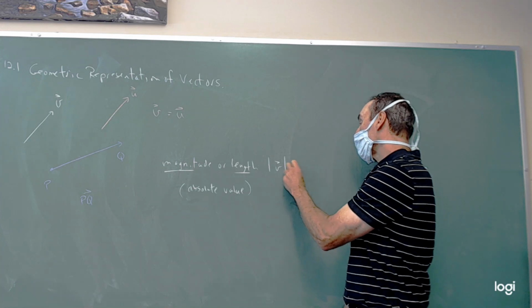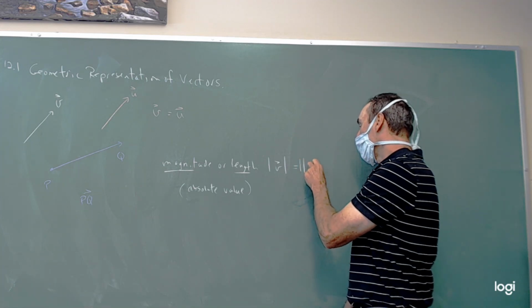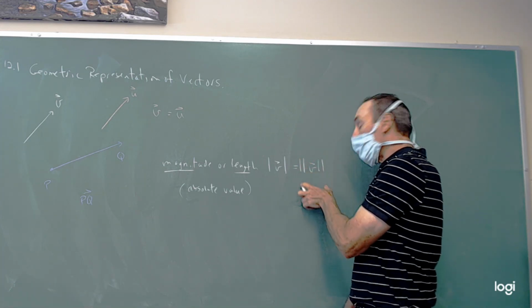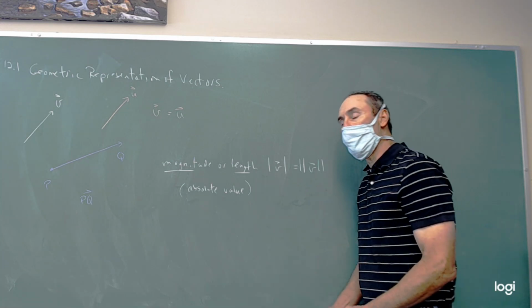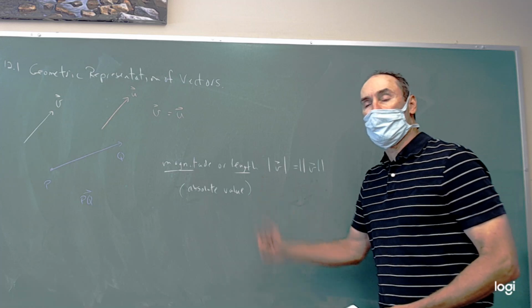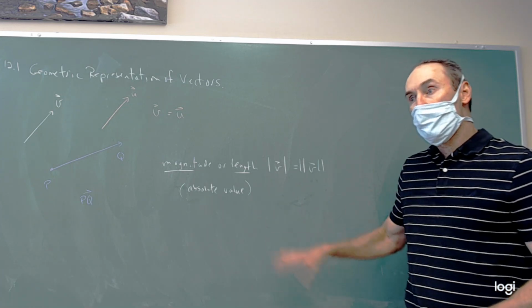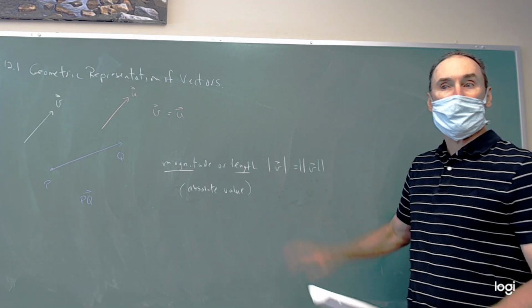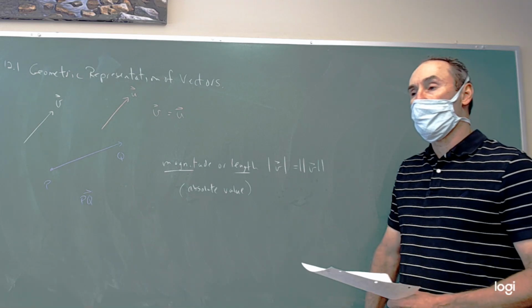Others, you may see written with the double bars there, and I may get carried away and inadvertently sometimes write it this way, but our book is going to use just the single bar notation. But these mean the same thing, it just depends on the author of your book.